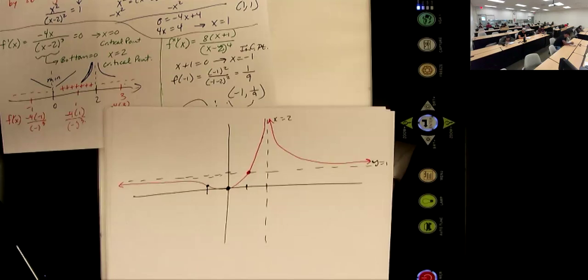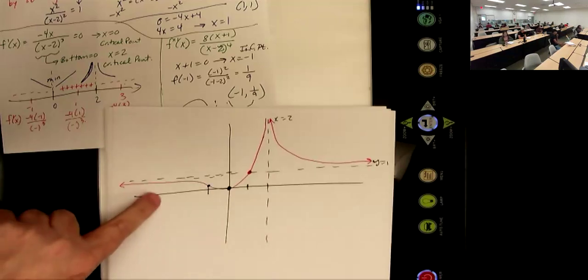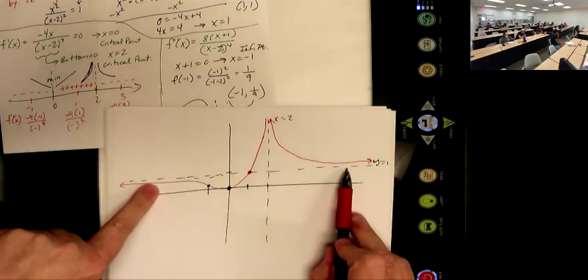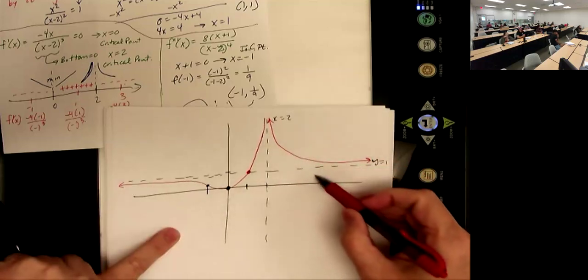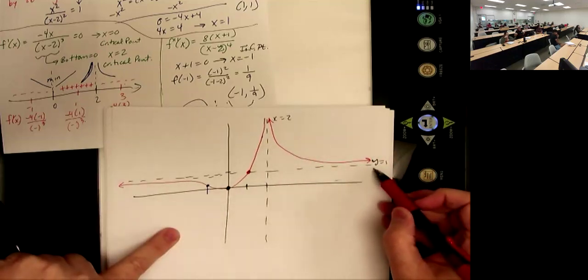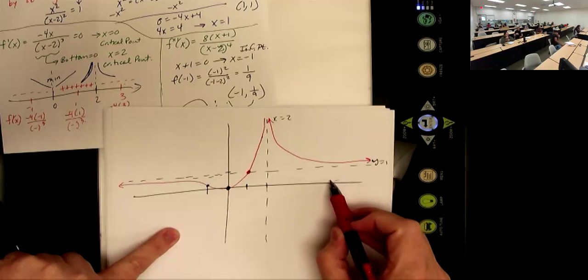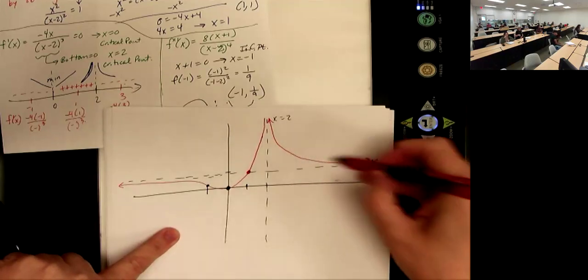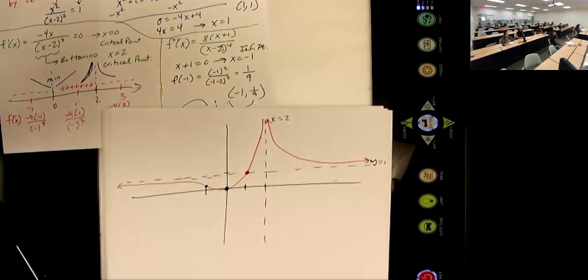So finding out where we cross the horizontal asymptote, notice it tells us we only cross it once. So we know we don't cross it out here. And if we crossed it out here, we would have to go down and back up, and that means we would have another spot where the derivative equals 0. So we know it doesn't cross it anywhere else. That should be the graph of x squared over x minus 2 squared.